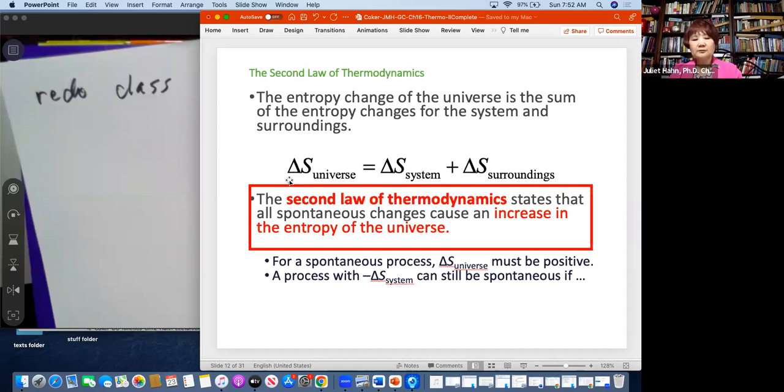So for a process to be spontaneous, entropy must increase for the entire universe. The entropy of the system might actually decrease, but overall, the entropy of the universe must increase. So second law of thermodynamics, there is an increase in the entropy of the universe in anything that is a spontaneous change.